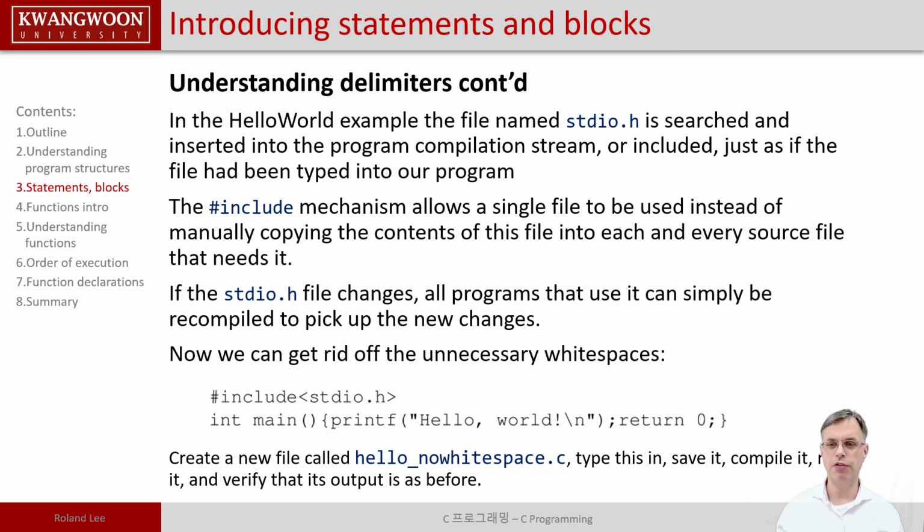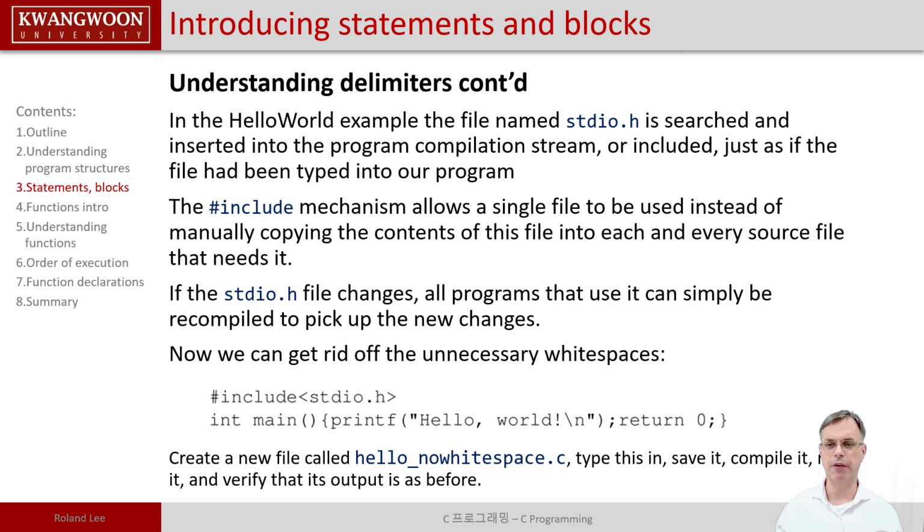Otherwise, any changes to any version of the copied text of stdio.h would have to also be made in every file that also copied its contents directly. Too complicated. So that's why I use simply sharp include.